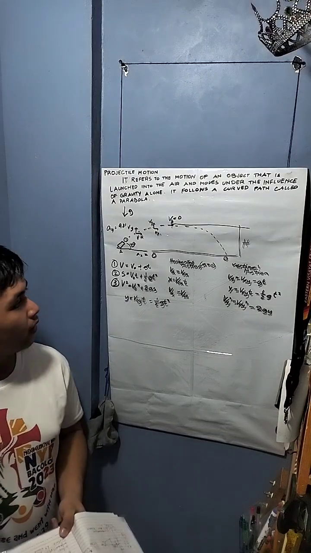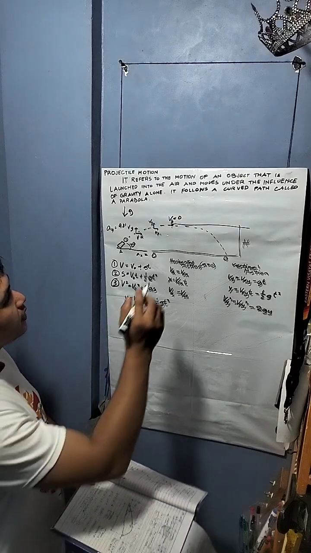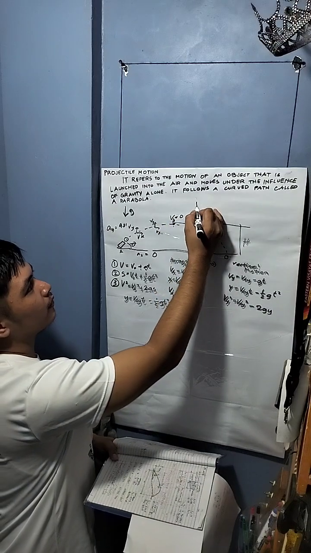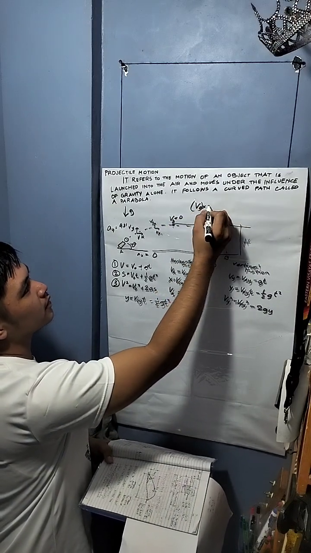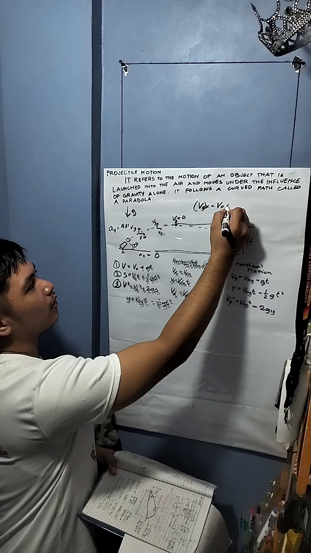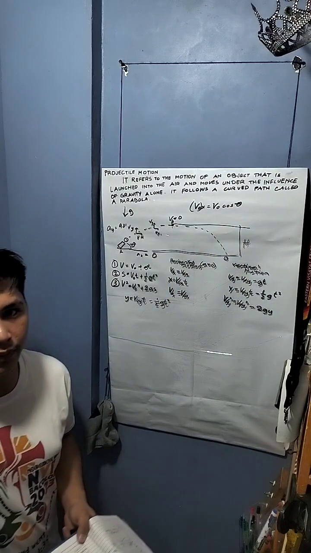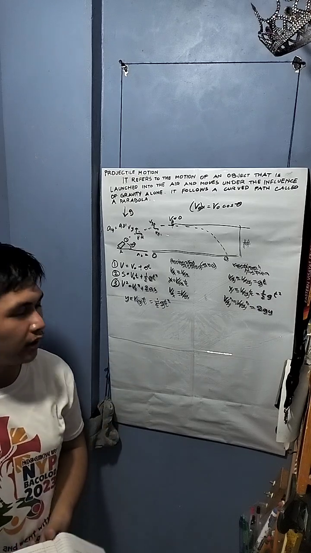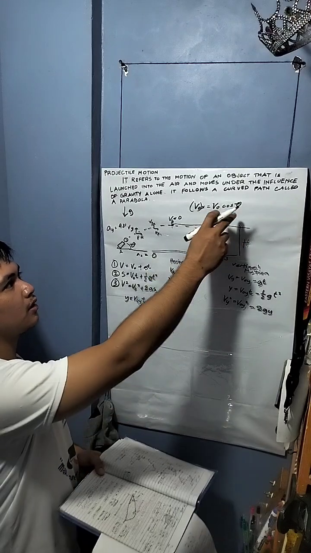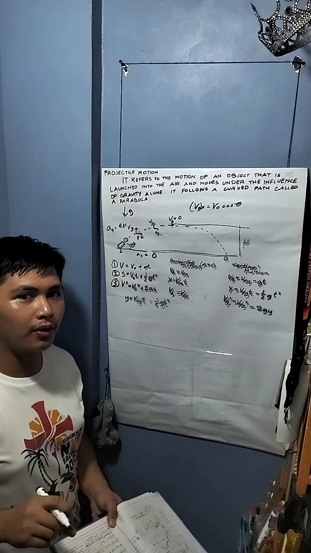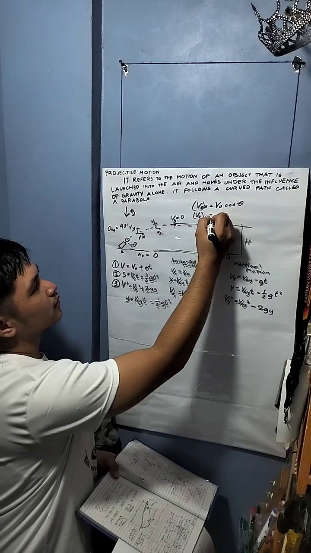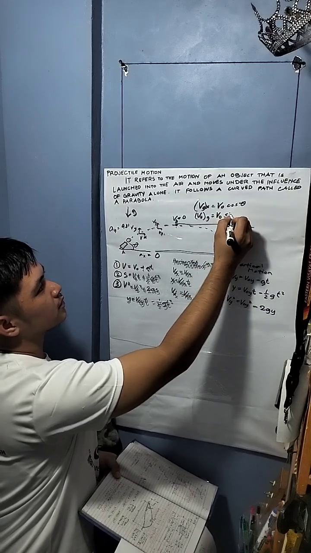We know also that V naught x is equivalent to V naught cosine theta, and V naught y is equal to V naught sine theta.